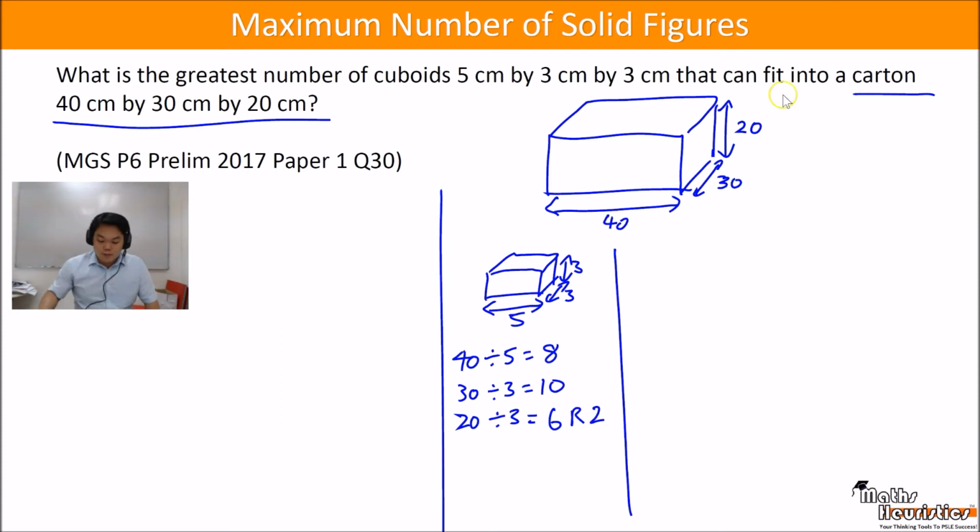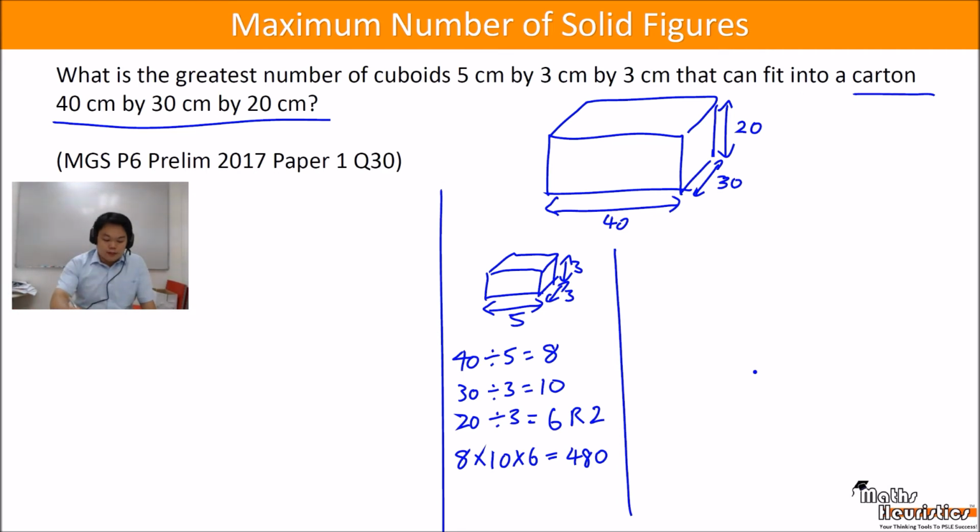So you can fit at most a maximum of 6 cuboids along this 20 cm edge. The number of cuboids you have will be 8 times 10 times 6. That will give us 480. So a lot of people got this 480 and they are wondering why they are wrong. Because it is not the maximum number of cuboids that you can fit in.